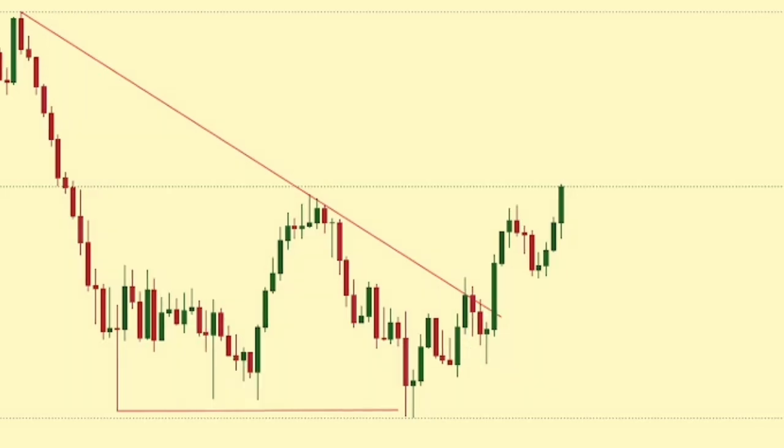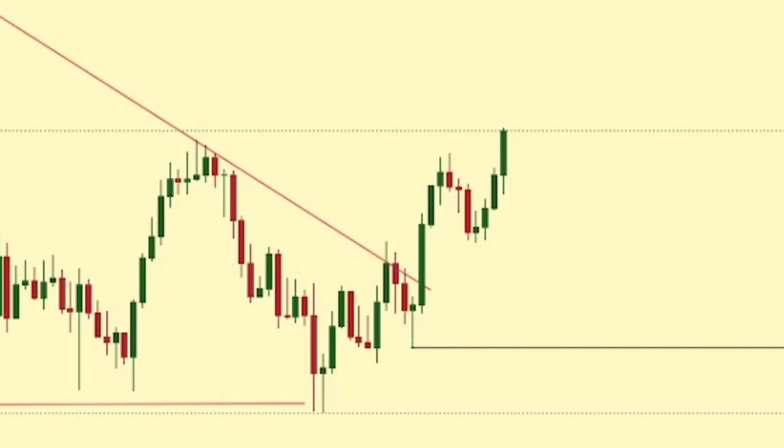Step 2, draw the distal line. Now make we talk about the distal line. The distal line na the lowest point of the base. If na for demand, you go draw the distal line for the lowest wick of the base.